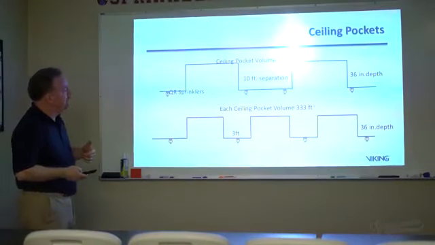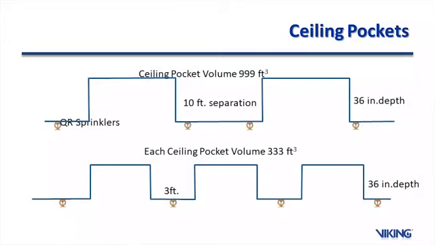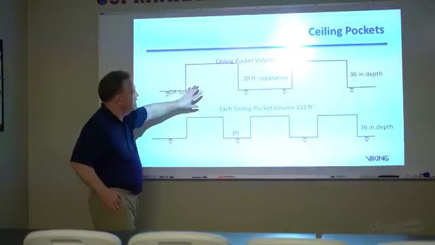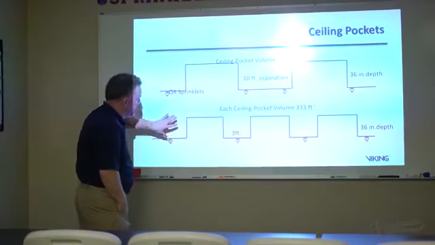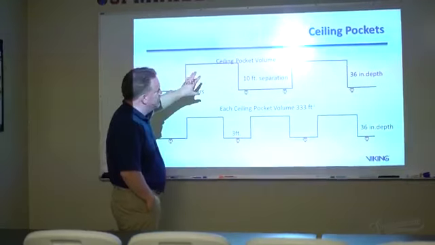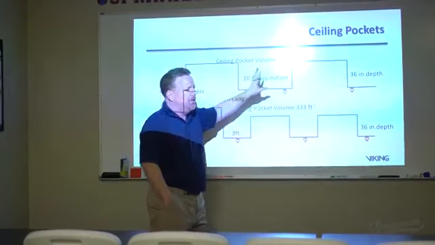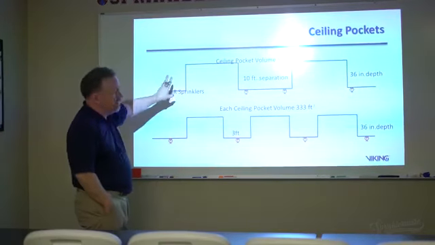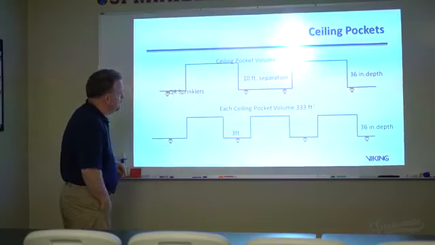Now I want to talk a little bit about ceiling pockets. Now, this is light hazard occupancies, okay? Quick response sprinklers. In each of these cases, you can eliminate sprinklers from the ceiling pocket based on a couple of different rules.